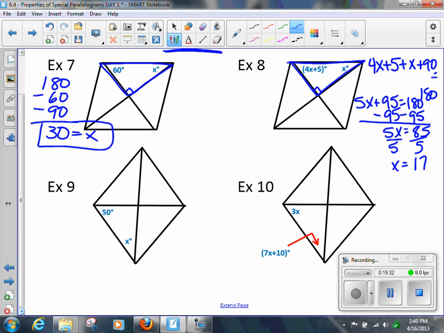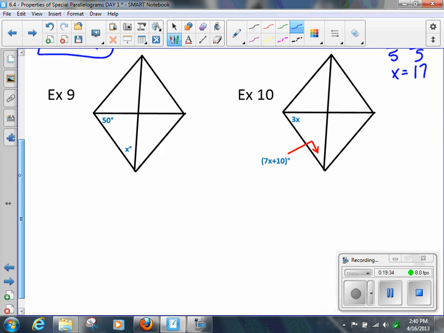Look at example 9. I want you to do 9 and 10 yourselves, please.